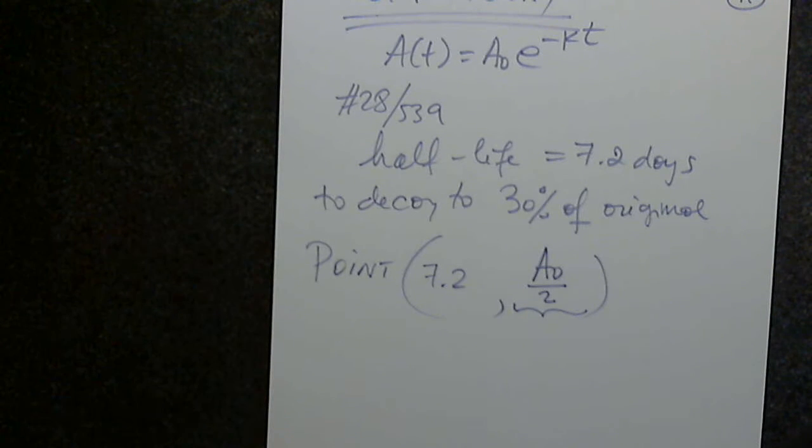I don't care what I have, but I know I have A0. And the point must be that 7.2 days later, what I will end up having is A0 over 2. Today, I have at point 0, comma A0, 0 time, comma A0. But 7.2 days later, I have 7.2, comma A0 over 2.